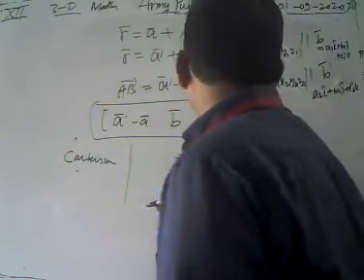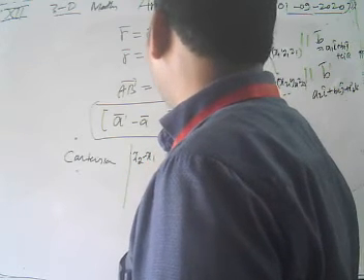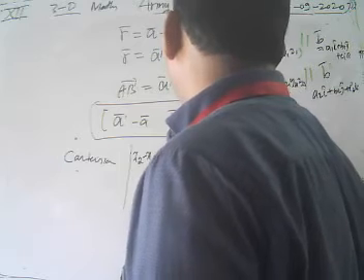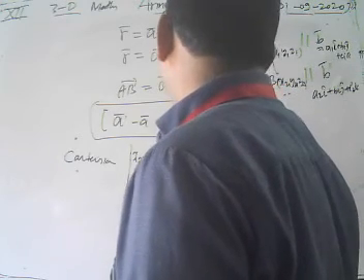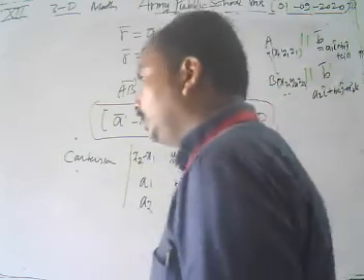Then our Cartesian form is given by the determinant x2 minus x1, y2 minus y1, z2 minus z1, a1 b1 c1, a2 b2 c2.